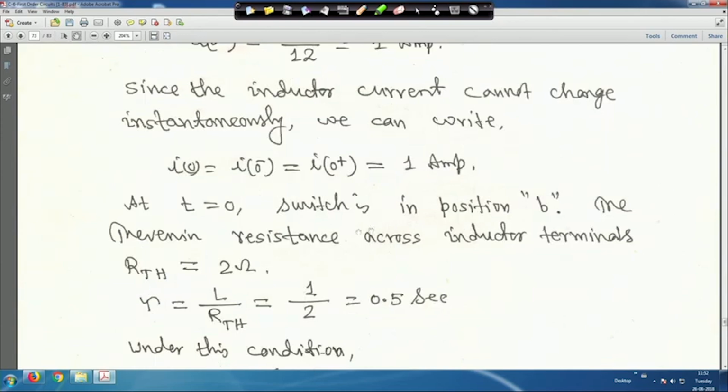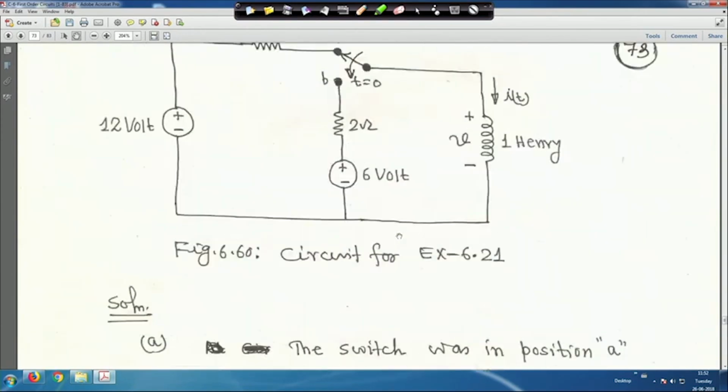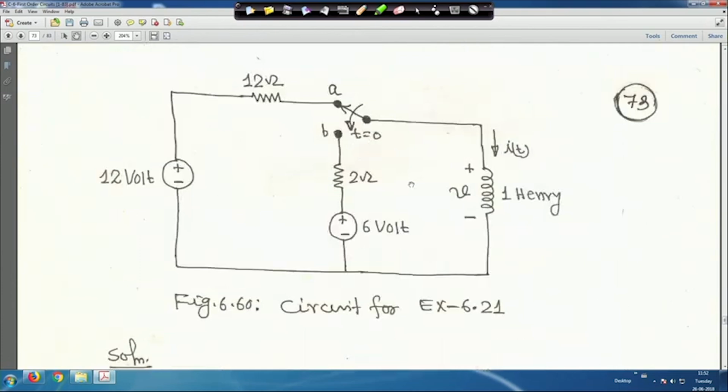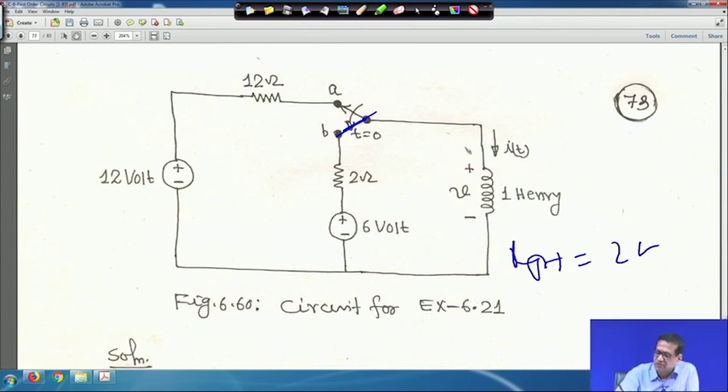And at t equal to 0 the switch is in position B. When the switch is in position B, it is very simple: R Thevenin is equal to 2 ohm, because from these two points you are looking to get R Thevenin, and at that time you make the voltage source short.